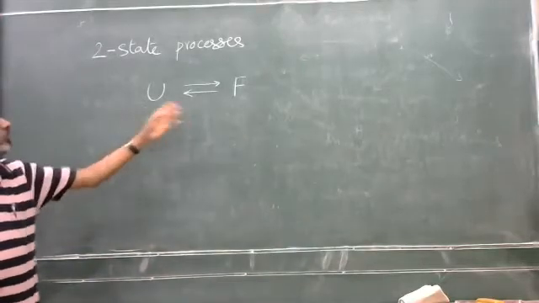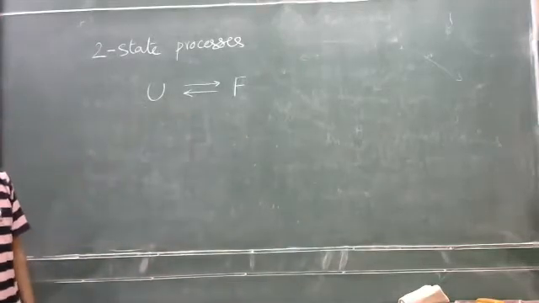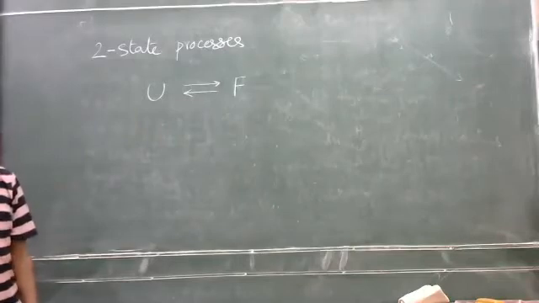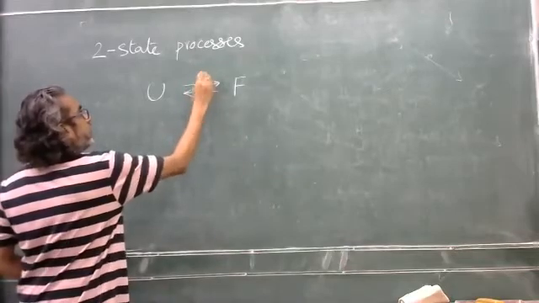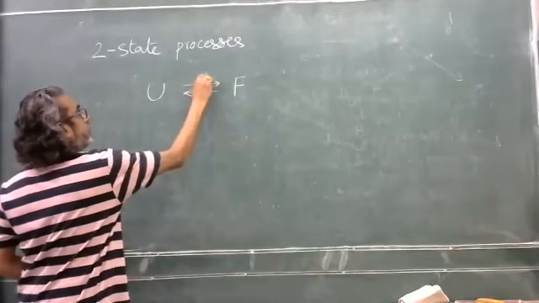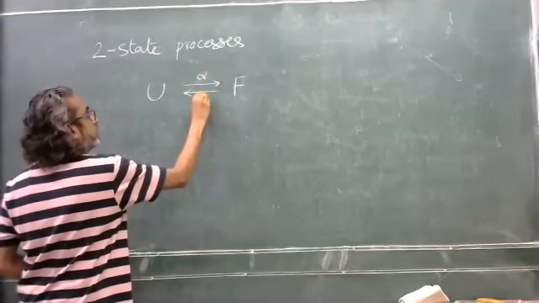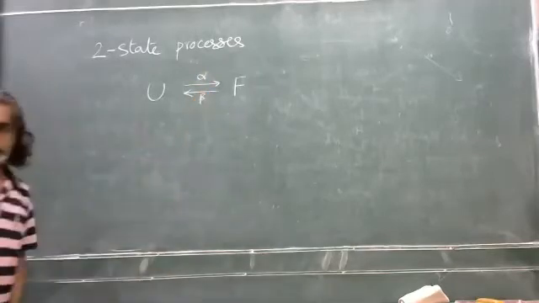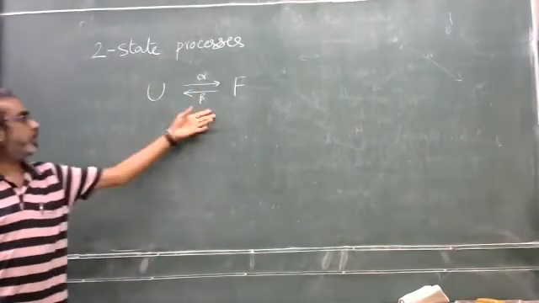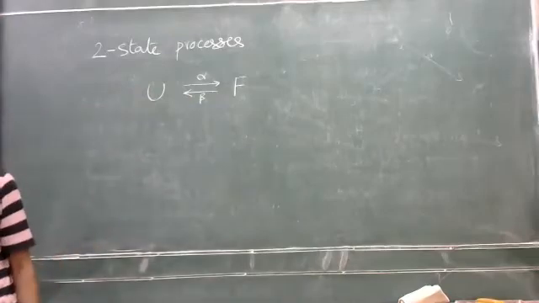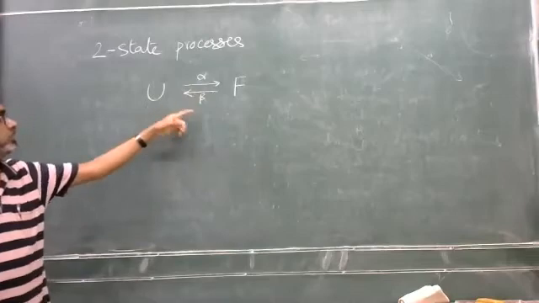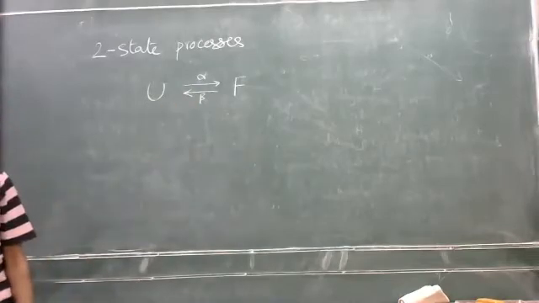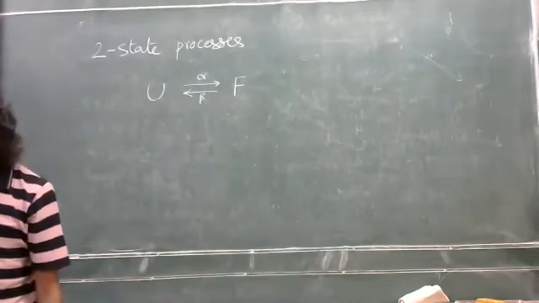The moment you have this equilibrium, you have a forward reaction and a backward reaction, so you can give rate constants for them, for example Ku or Kf, or let's say alpha and beta. Alpha is the rate constant for the forward reaction, and beta is for the backward reaction.